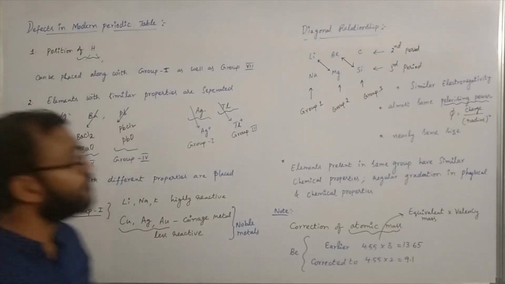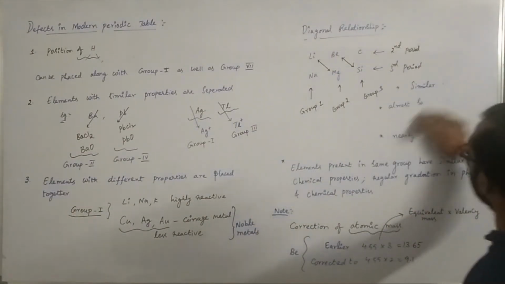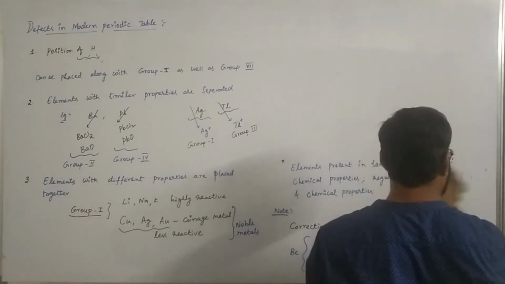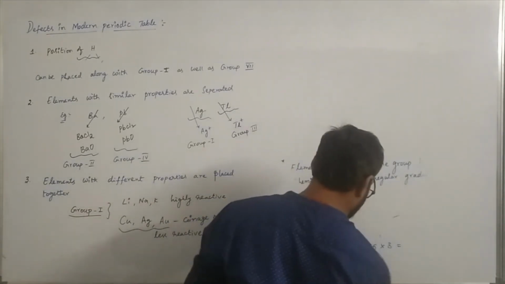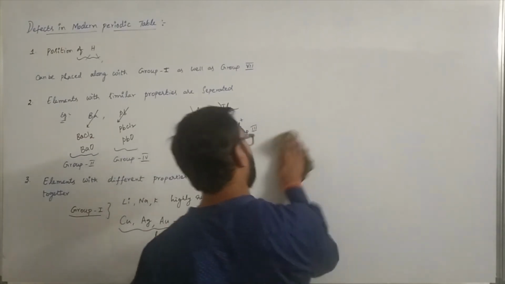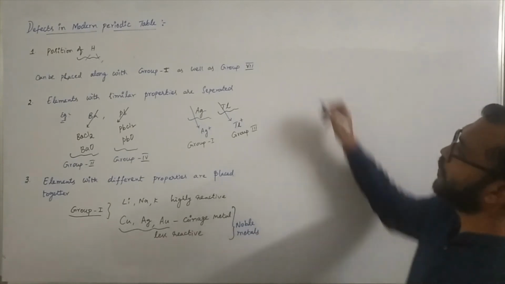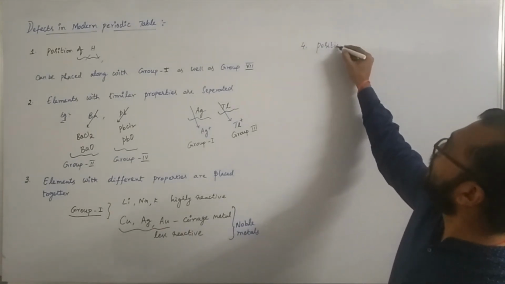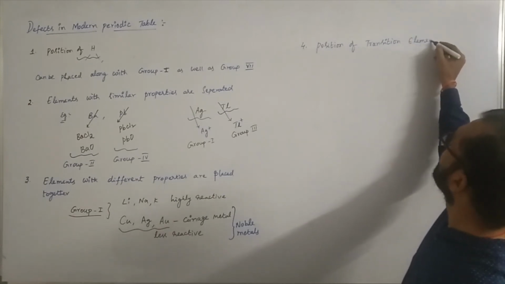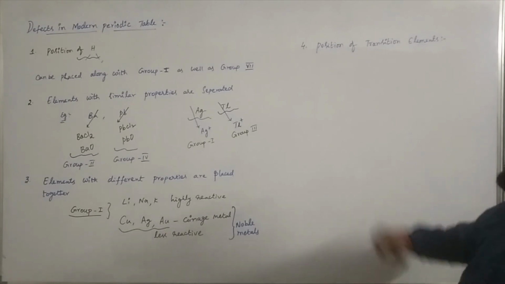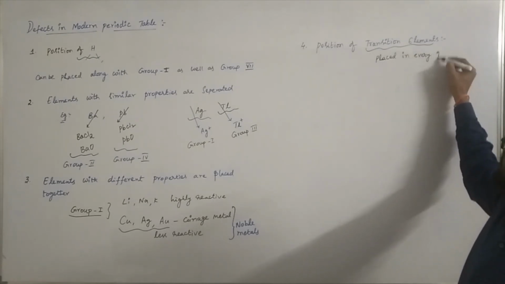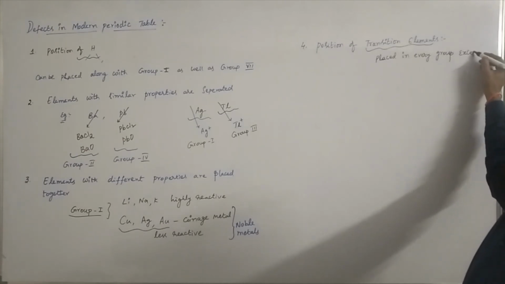Position of transition elements. These transition elements are placed in every group except 0, which is not justified.